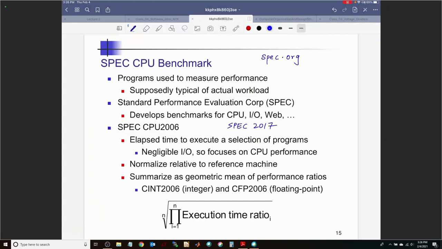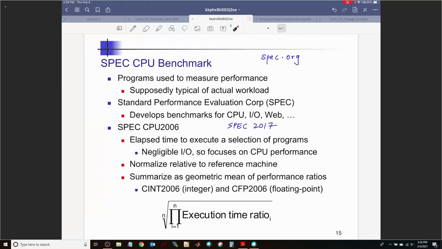The most recent one is from 2017. The set of benchmarks and all the computer vendors' results were last done in 2017. So if you have a new computer architecture, you would subscribe to that SPEC 2017, get your programs, run them on your computer, and you would give your numbers to SPEC to publish.